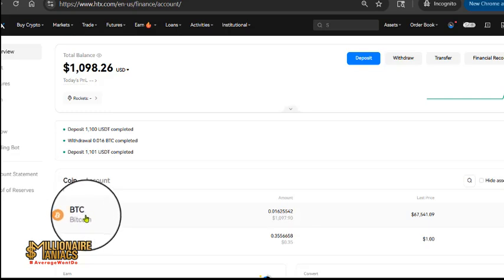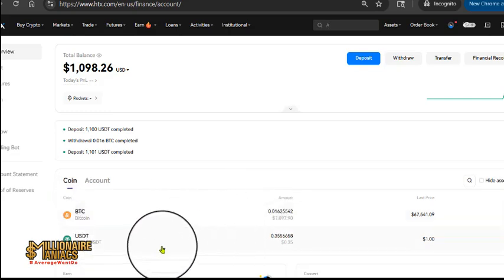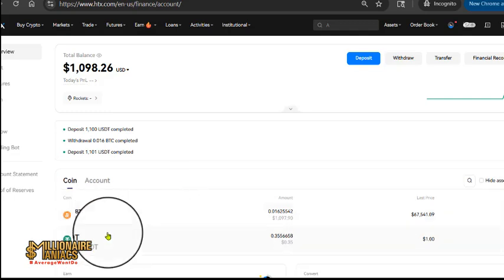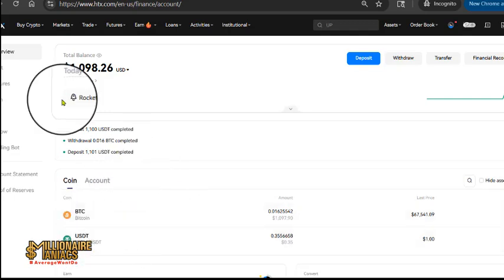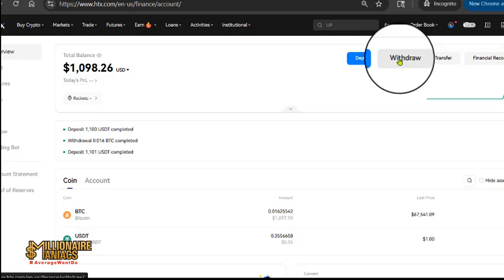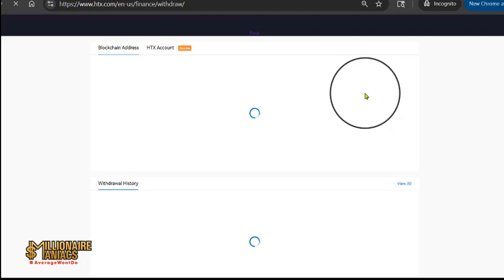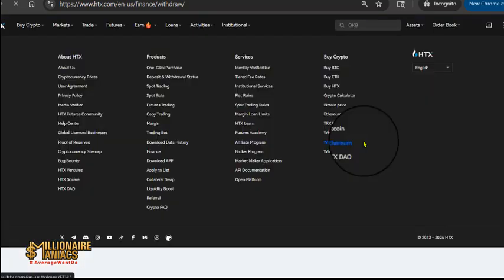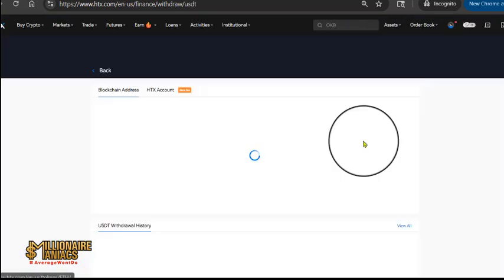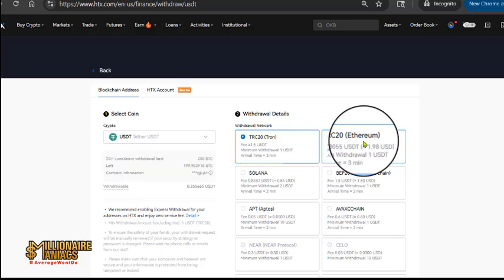So you see now the balance is in BTC, because we just traded the USDT for BTC. So now I'm just going to withdraw it to my cold wallet. Okay. And when I say cold wallet, I just mean a wallet that's offline. It's not connected to the internet. It's just a higher form of security.